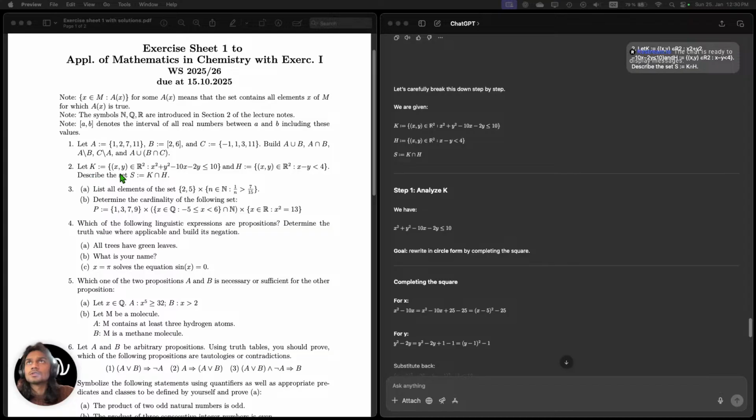K equals {(x, y) where (x, y) belongs to R squared}. R is real numbers? Yep. So it includes both rational and irrational numbers, but it does not include complex numbers.